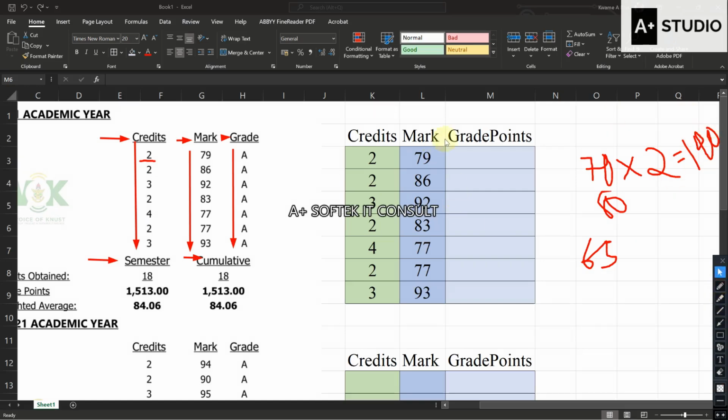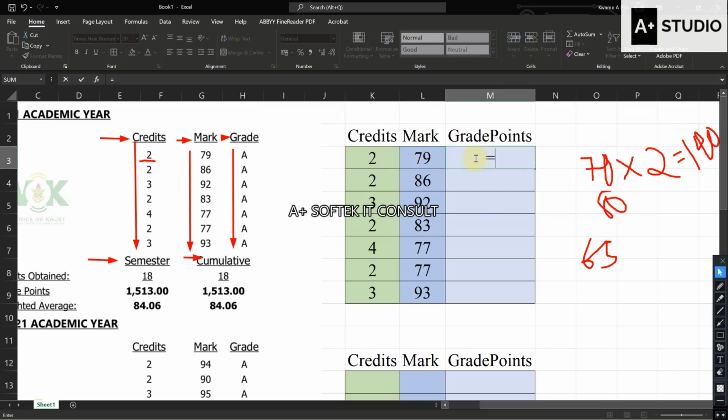Okay, so let's dive into this. If I multiply 2 by 79, what am I going to get? 158. So if I multiply this by this one, what am I getting? 172. If I multiply 3 by 92, and then this by this, what am I getting? 166.